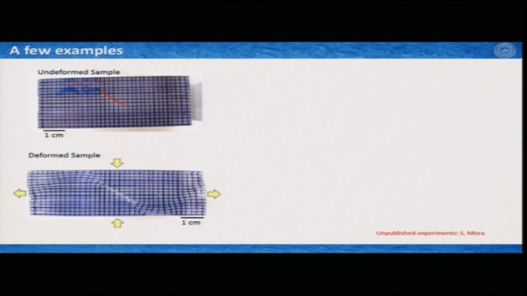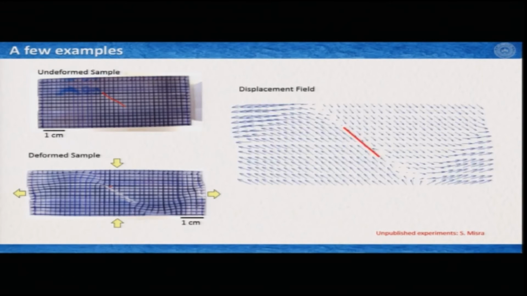Now it is possible, because I have the initial shape and the deformed shape, and considering each of these grids, I can actually determine the displacement vectors of this deformed sample. And if I do it, then it looks like this.